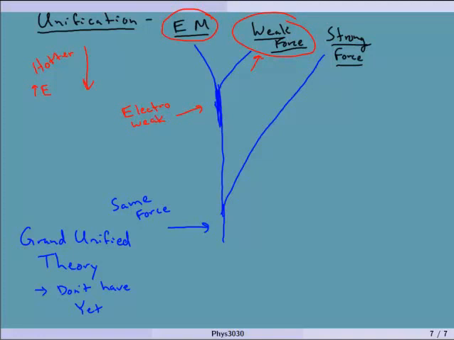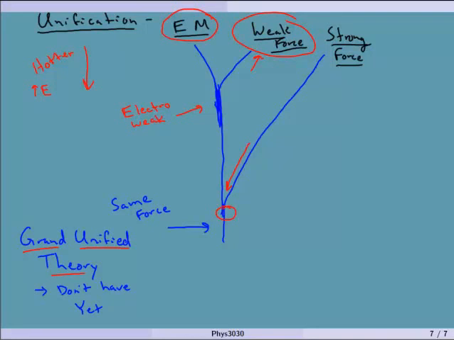They can move super close to the speed of light, and they look like the same force. E&M and the weak force look like the same force. Everyone assumes that the strong force will come in here and interact, and we understand all of these on a particle basis pretty well.